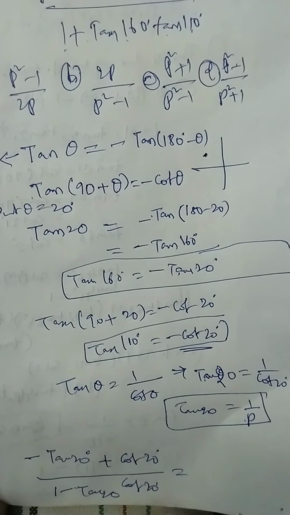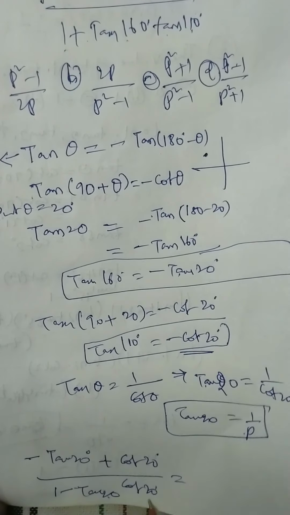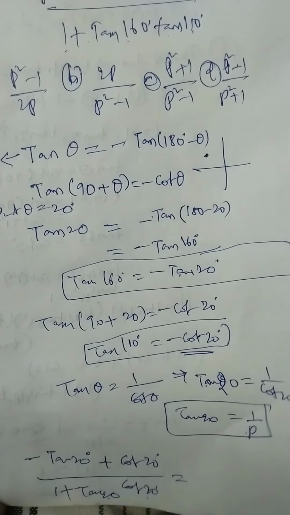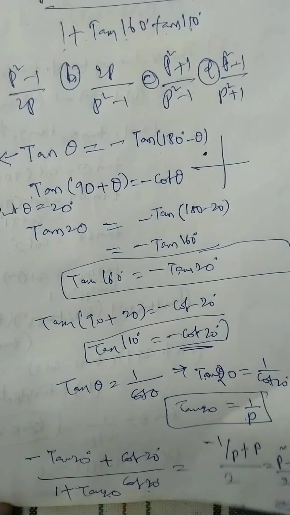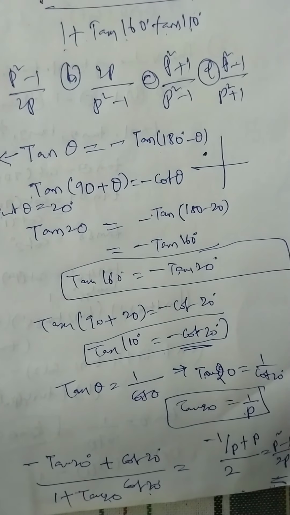And you all know that tan 20 into cot 20 is 1, and we have the value of cot 20 as minus, so this becomes plus. So the total value we get is minus 1 by p plus p by 1 plus 1, that is 2p. So (p square minus 1) by 2p is the answer. So option A is correct.